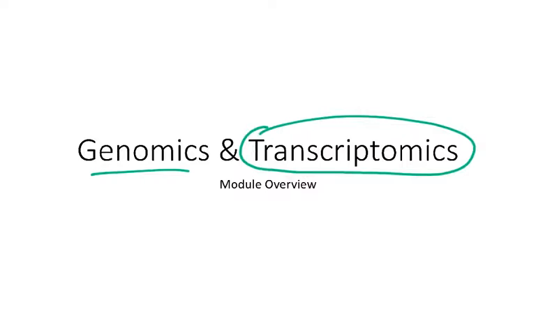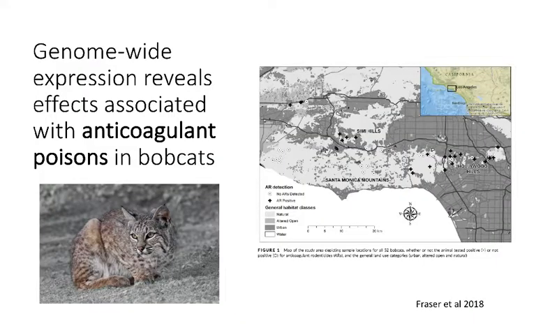of different genes. So an example of that in a way relates to our everyday lives. This is a paper I found from 2018 where they were using this transcriptomics approach looking at expression levels to look specifically at the effect of anticoagulant poisons in bobcats in Southern California.